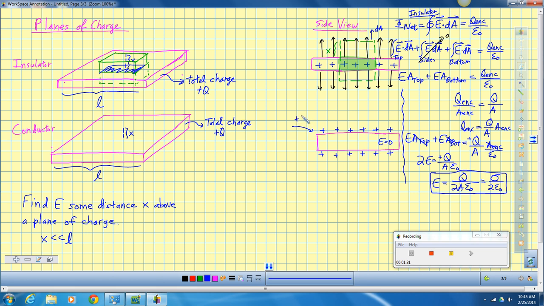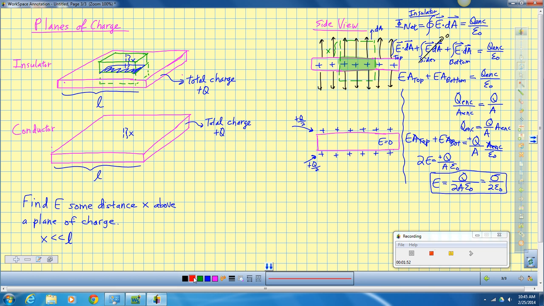The charge on the top is plus Q over 2, and the charge on the bottom is plus Q over 2. Now, when I worked this out on paper ahead of time, I didn't ever write out that total amount of charge on the top or bottom is Q over 2. I don't think you have to pay attention to it a lot, but you have to think about where the charge is as you're drawing your Gaussian surfaces. And this will become more clear as we finish this video.